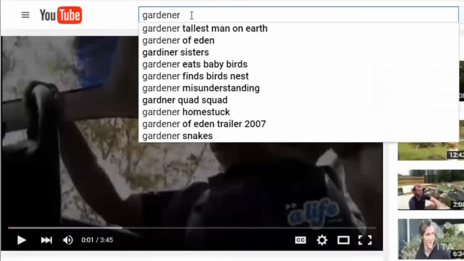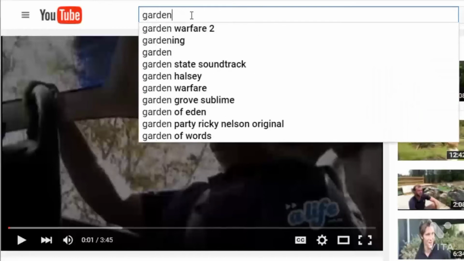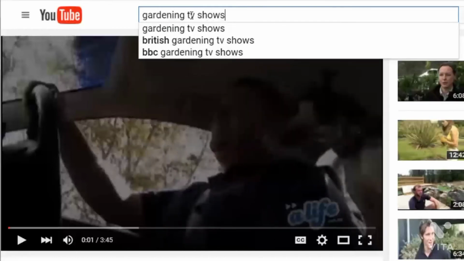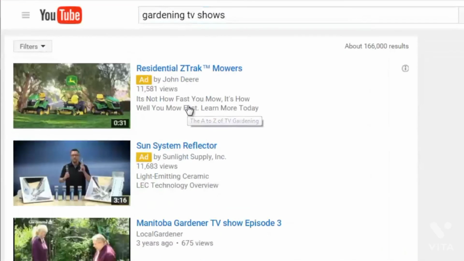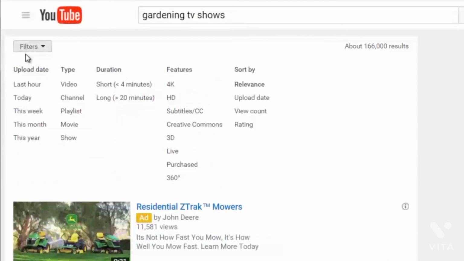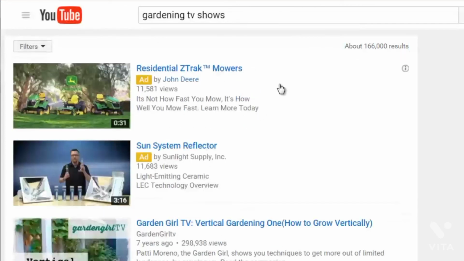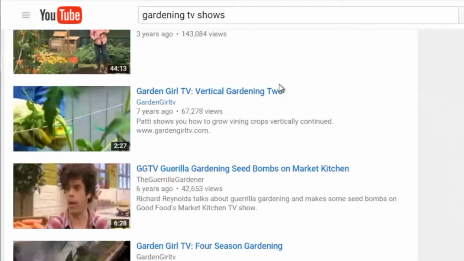And we can type in Google or YouTube, garden. We can have gardener or even gardening TV shows and see what we get. What I would normally do is sort it by view count and rating. We can see the ones on the top are obviously highly viewed.